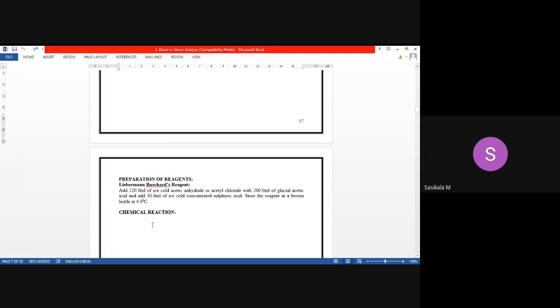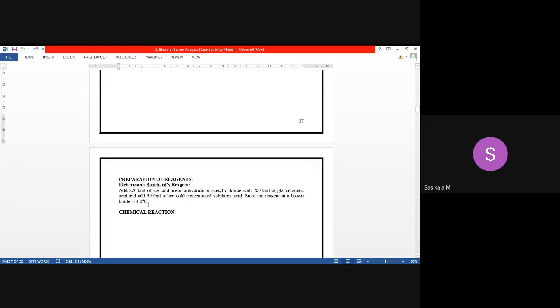In order to increase the stability of Liebermann-Burchard's reagent, it is stored in a brown bottle at 4 degrees Celsius. So the storage condition should be noted for this reagent. That is why it is called stable Liebermann-Burchard's reagent. What is the reagent composition? Acetic anhydride, glacial acetic acid, concentrated sulfuric acid, maintained at ice cold condition.